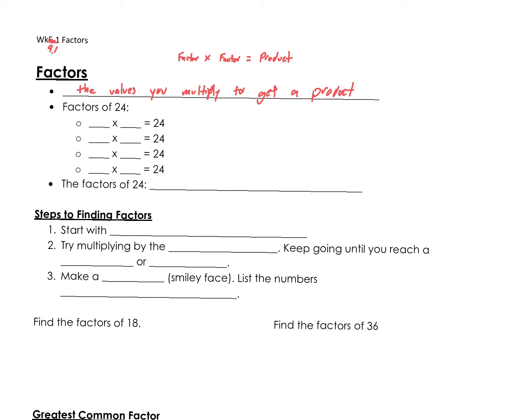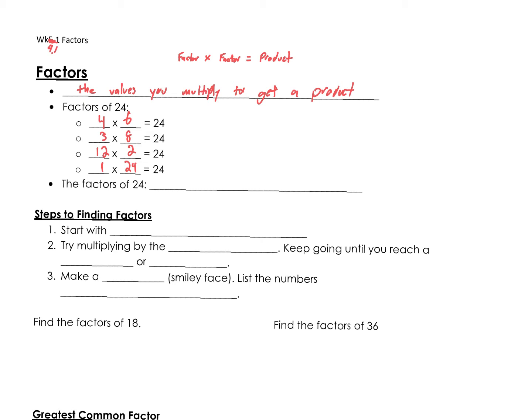So factors of 24, well, why don't you try to come up with some on your own first? 4 times 6, 3 times 8, 12 times 2. What about 1? 1 times 24. Yeah, you multiply 1 and 24 to get 24. Those are all of them. You can't do 5 or 7 or any of those.